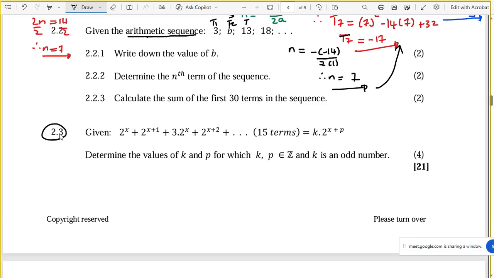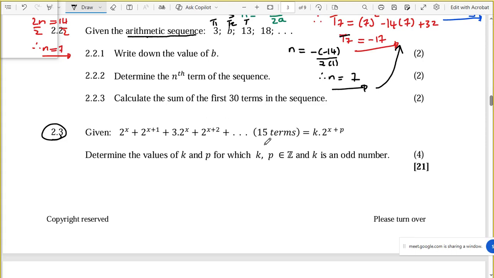2.3. I know that when you look at 2.3, maybe someone might think this one is going to give us tough times, but no. Let me just have my light on, then we'll try to work on this. In order for you to master the math question, you need to be able to say something about whatever they're asking you about.